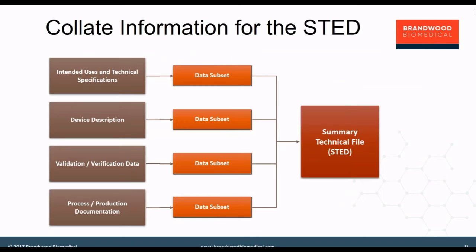Once the product development process is in its completion phase, a data subset will be extracted from there, and from this data subset, the technical file will be put together.